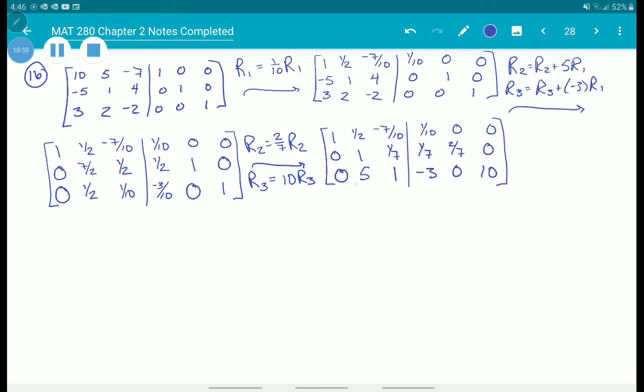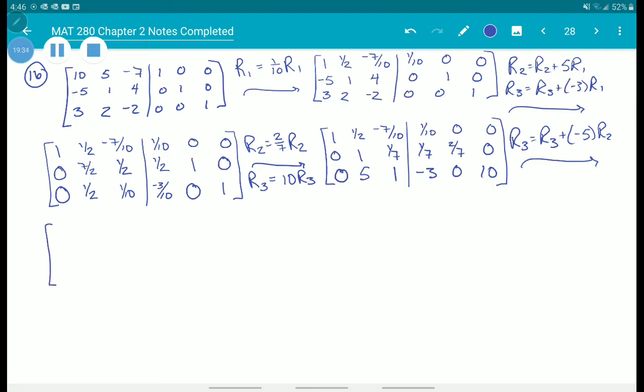So now we need a 0 here. So then row 3 is going to be row 3 plus negative 5 times row 2. Just double checking everything before we go on.